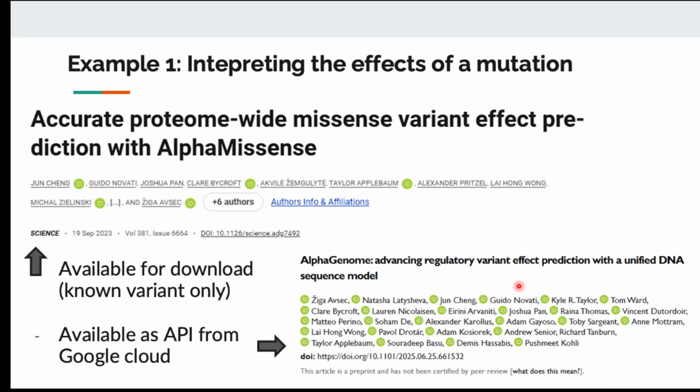So the people who developed AlphaFold expanded their techniques to try to understand the effect of missense mutations. Missense mutation means that you have a mutation in the coding region that changes the amino acid. So in this case, underneath, their model will predict the 3D structure of both the wild type and the missense variant.